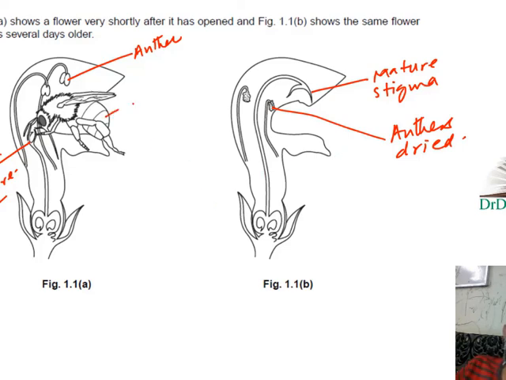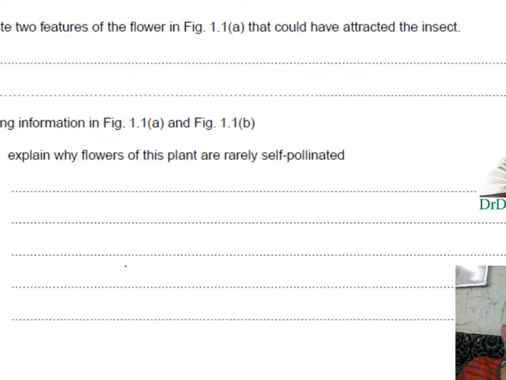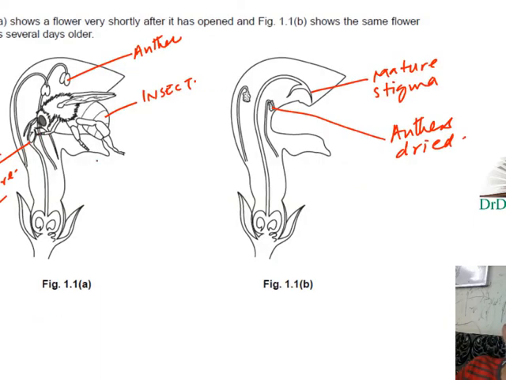Moreover, this is an insect sitting on it. So let's see what the question is. The question is, state two features of the flower in 1.1a that could have attracted the insect. You can see that this is a nectary.